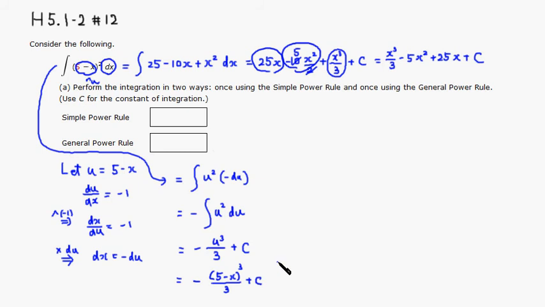Let's multiply this out and see what we can get. I'm going to put the 1 over 3 right here, so negative sign and 1 over 3.